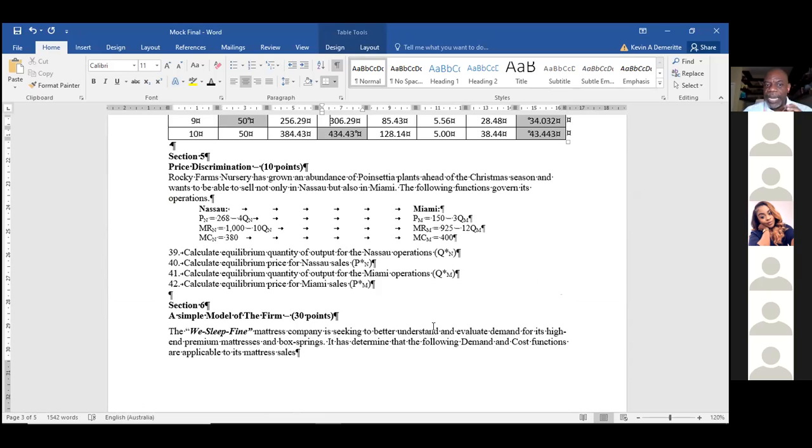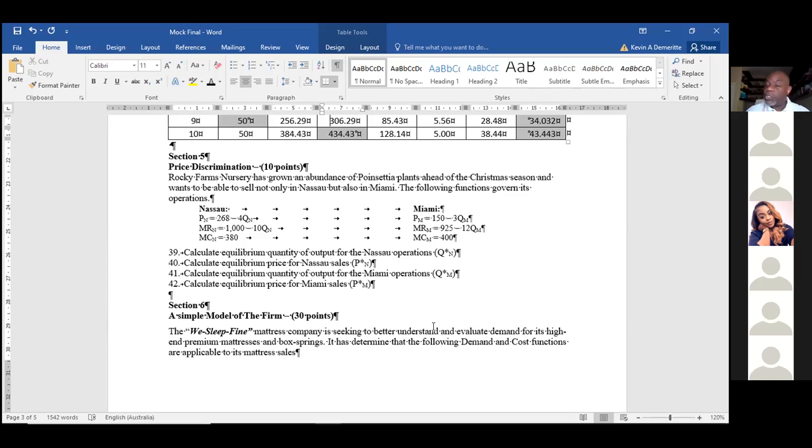Rocky Farms Nursery has grown an abundance of poinsettia plants ahead of the Christmas season. Actually, it's pronounced poinsettia, but we tend to leave off the settia. We just call it poinsettias. Rocky Farms Nursery wants to be able to sell them not only in Nassau, but also in Miami.